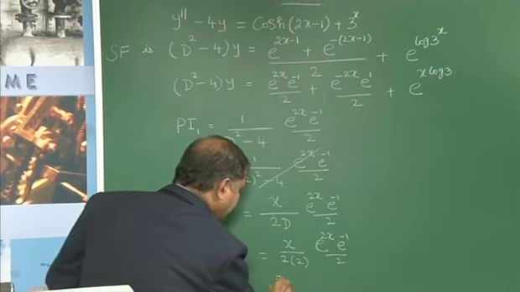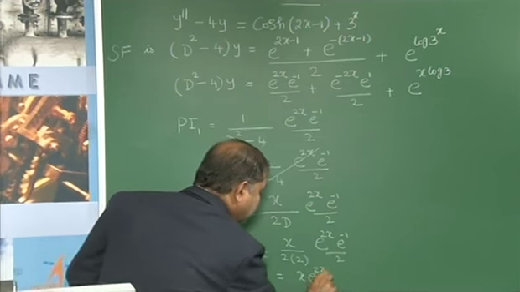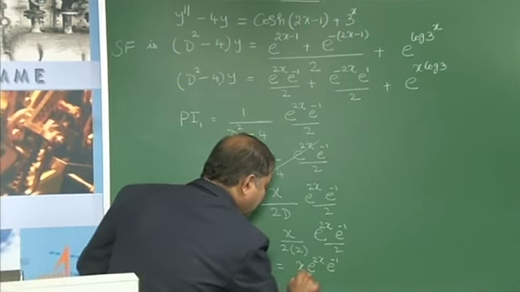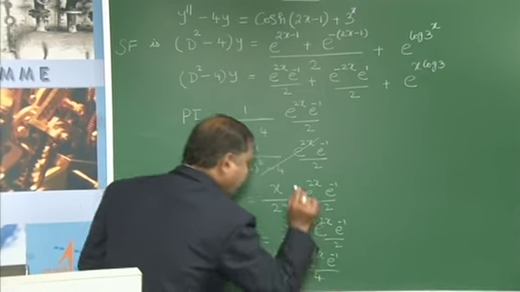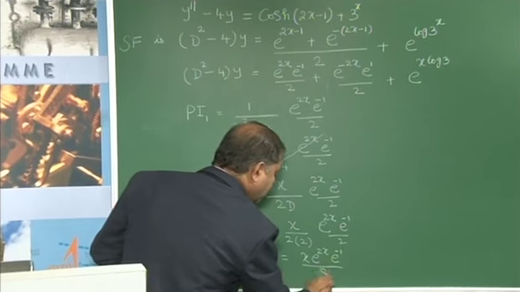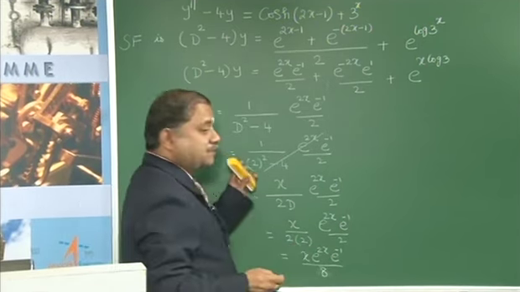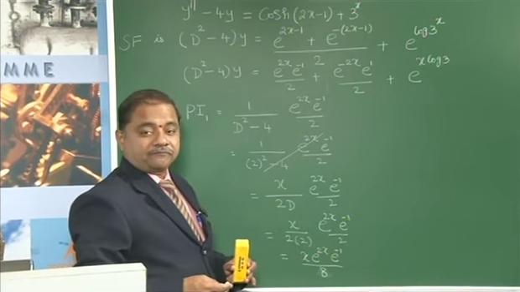So what is my total answer? x e power 2x e power minus 1 by 4. Sorry, 2 2s are 4, into 2, 8, totally multiplied. This is particular integral 1.